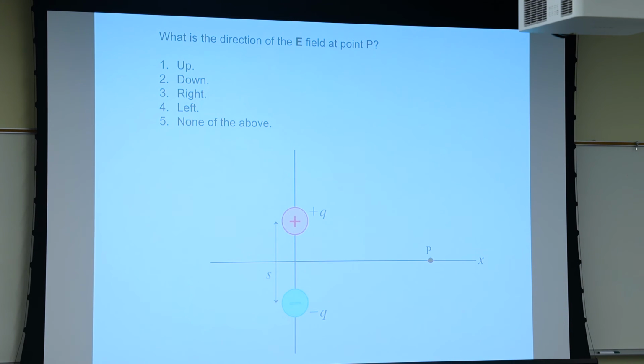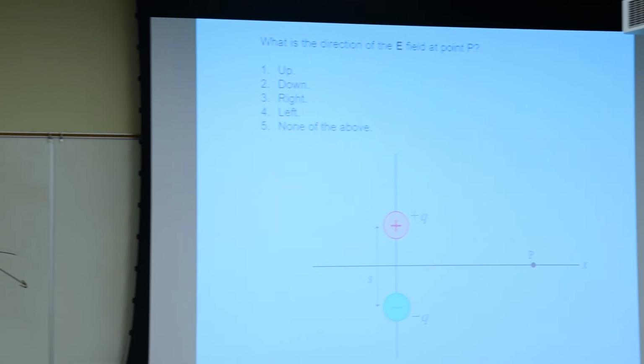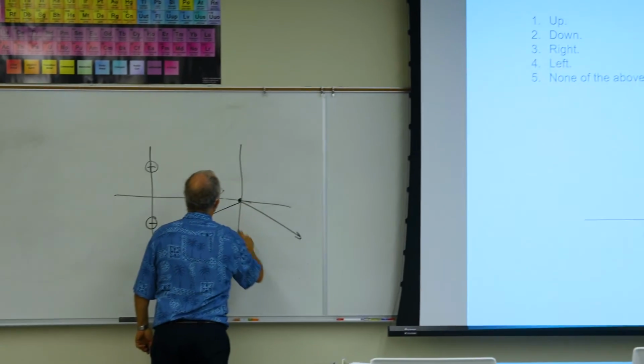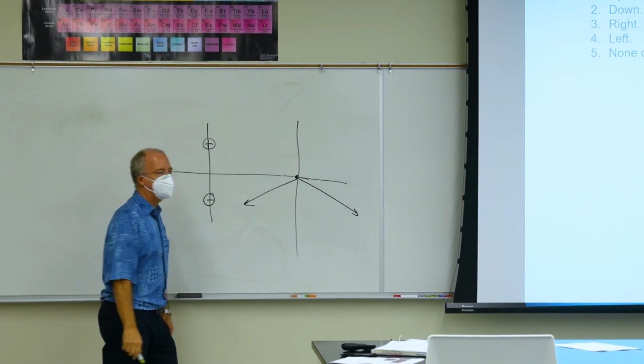What's the E field look like at point P from this plus? Because you're kind of doing this, right? What does the E field look like from the minus? Now this is supposed to be the same magnitude as that, right? So you're resolving components, correct?